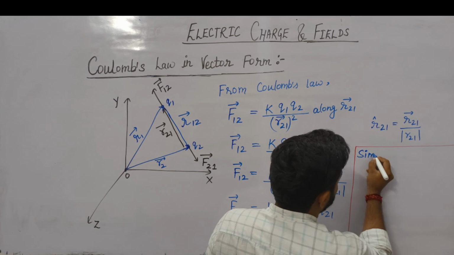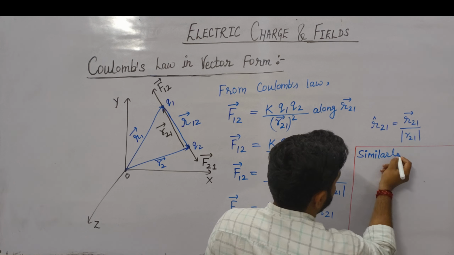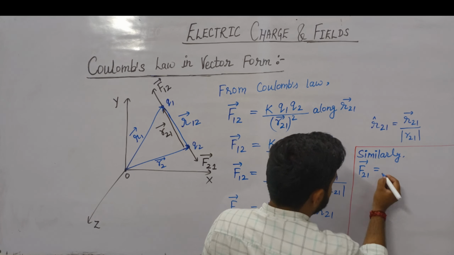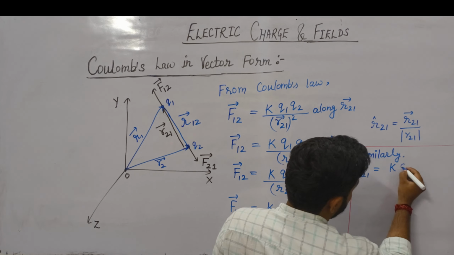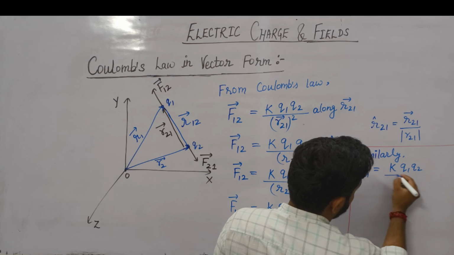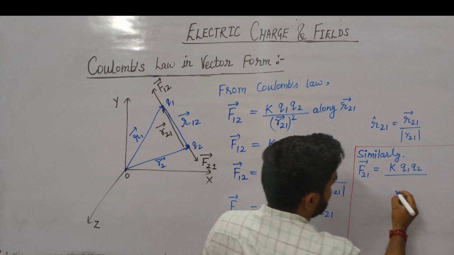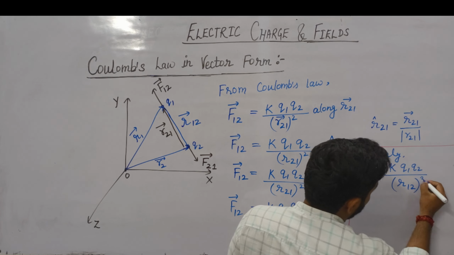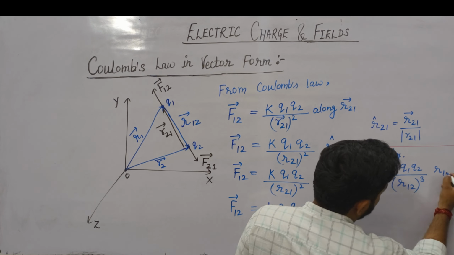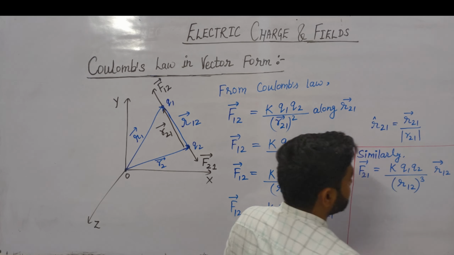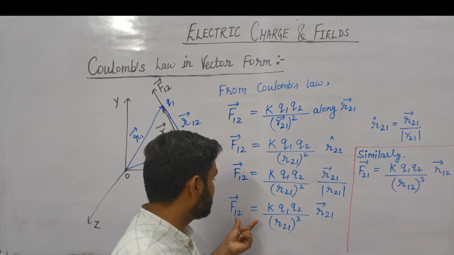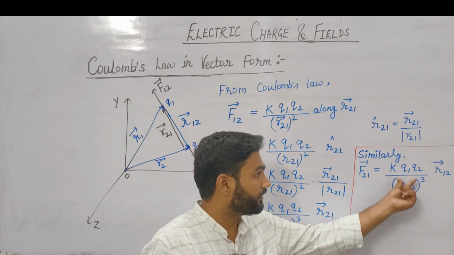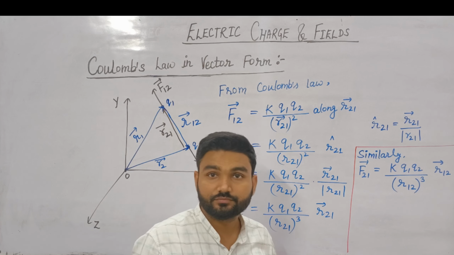Similarly, F21 vector is equal to K Q1 Q2 divided by R12 whole cube, multiplied by R12 vector. This is the formula of force F12 and this is the formula of force F21.